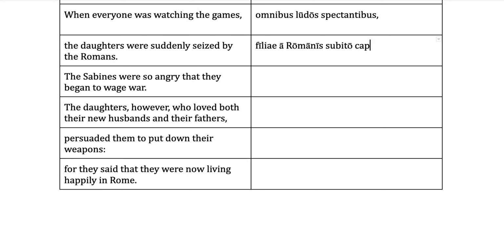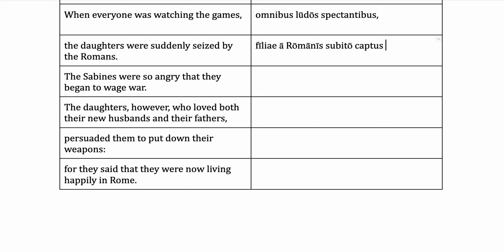Okay, so the verb is capio, I seize, but we want here the perfect passive. So what you do is you need the fourth principal part of the verb. So if you check in the dictionary, you'll see four principal parts: capio, capere, cepi, captus. So there's the fourth principal part. And then you need to take the present tense of the verb to be.